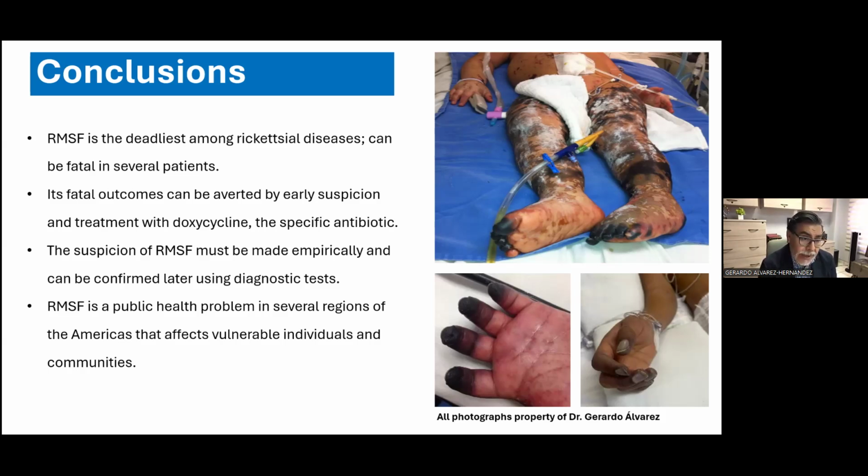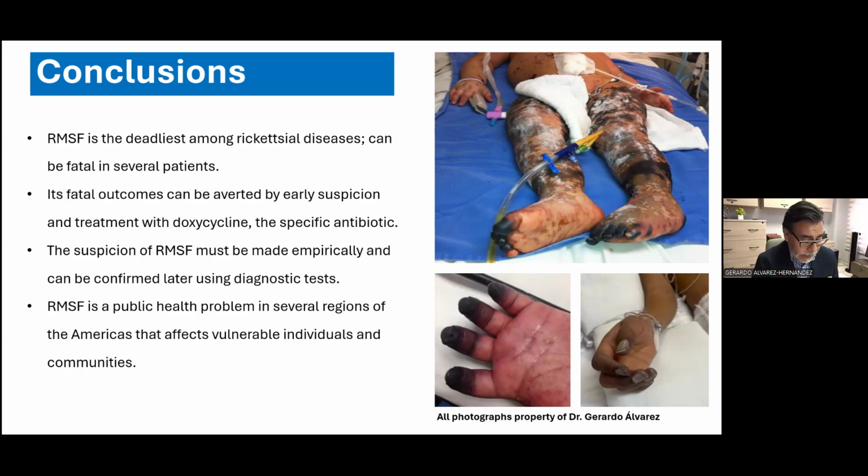In spite of that, fatal outcomes of this disease can be averted by the early suspicion and the timely treatment with the specific antibiotic, as I mentioned, the doxycycline. Number three, the suspicion of RMSF must be made empirically and can be confirmed later using diagnostic tests.